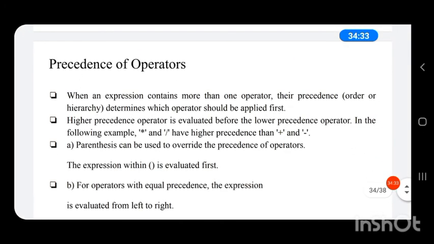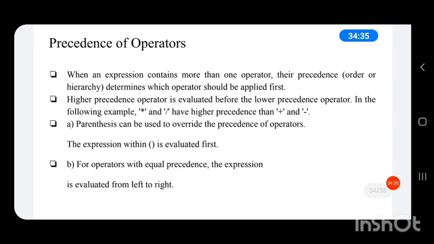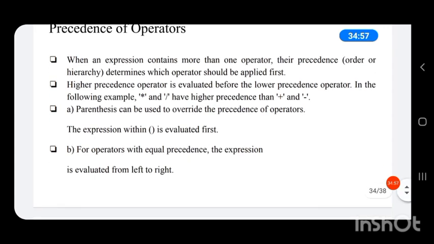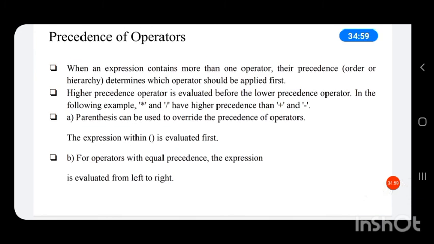So in an expression there is a precedence. In the BODMAS rule in maths there is a precedence, which operation has to be performed first. Like in BODMAS: bracket, then division, multiplication, addition, subtraction. Likewise in programming also there is a precedence. When any expression contains more than one operator, their precedence determines which operator should be applied first.